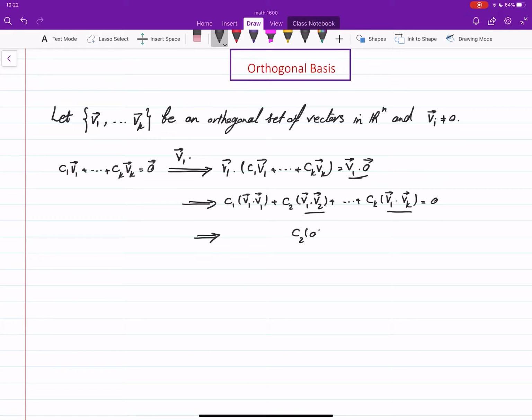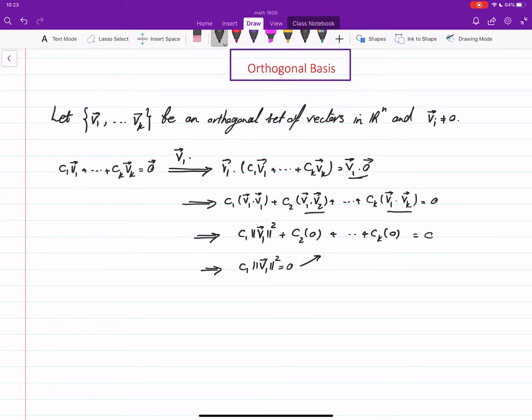So c2 times 0 plus ck times 0. But we don't know what is going to happen to v1 dot v1. So we are going to have the length of v1 squared. It can be 0 or not, but this is what we have. Now if you simplify, you get that this is equal to 0.